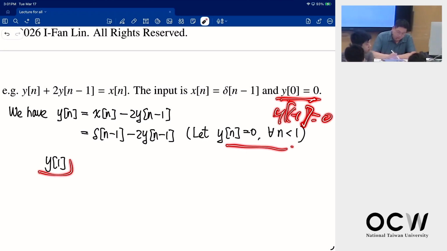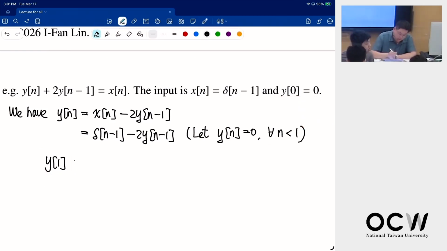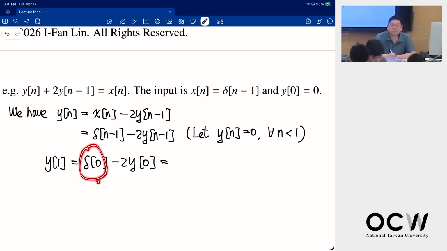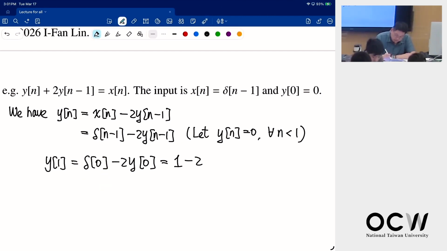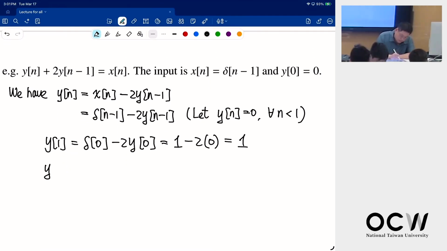Now what is y[1]? y[1] is the delta function minus 2y[0]. What is the delta function at 0? That's 1. So 1 minus 2 times 0, that's 1.